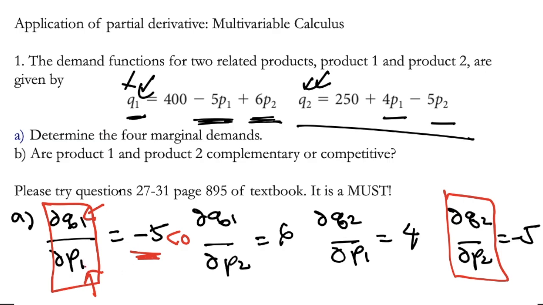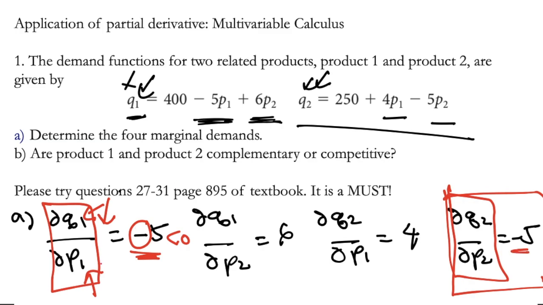If price of good 1 increases, quantity demanded of good 1 decreases by 5. So minus means there is negative relationship between price of good 1 and quantity of good 1. There's a negative relationship between quantity demanded for good 1 and its own price. Similarly, there's a negative relationship between quantity of good 2 and its own price.